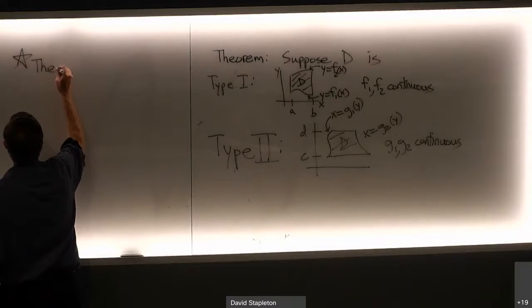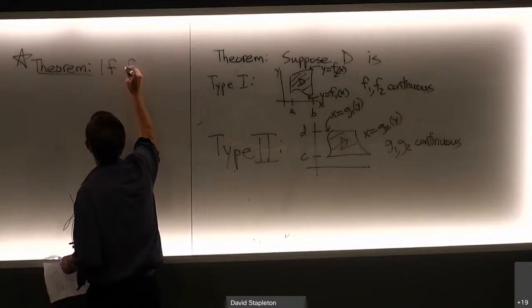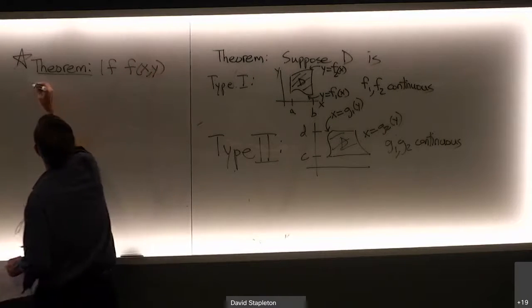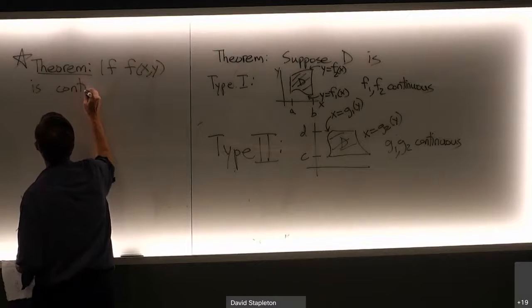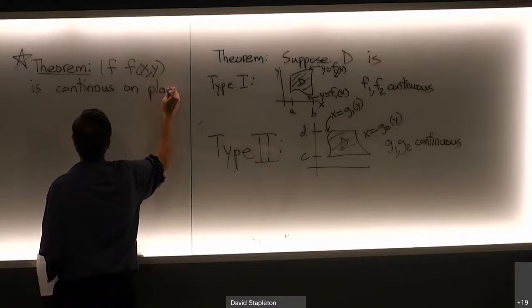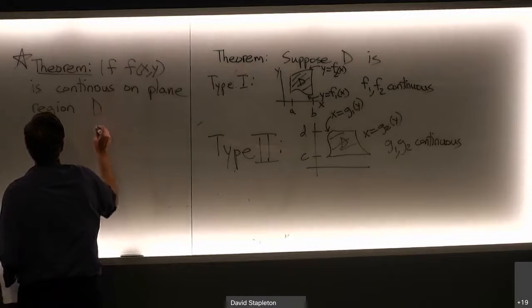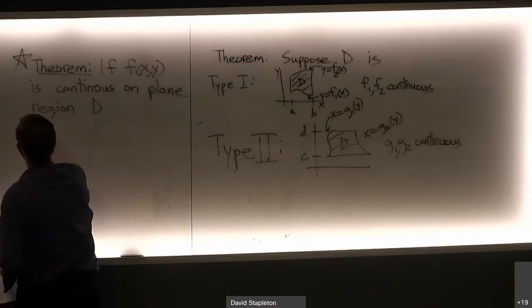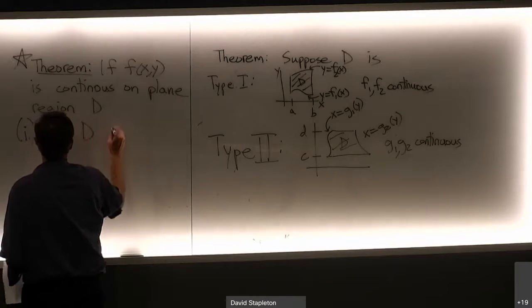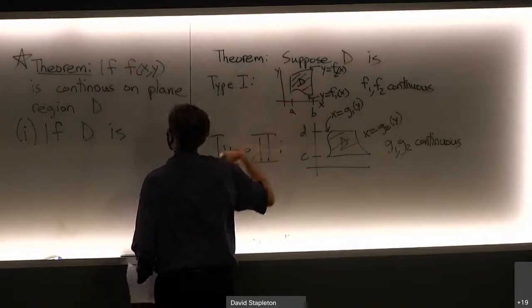It says that if f of x,y is continuous on plane region D, if D is type 1, this kind of thing, continuous curve on the bottom, continuous curve on the top, and straight lines on the sides.